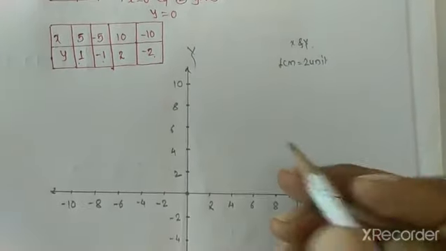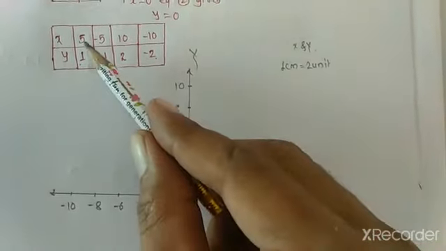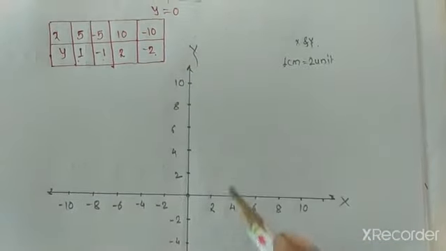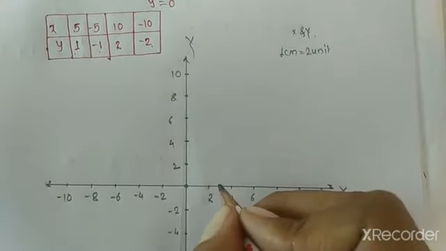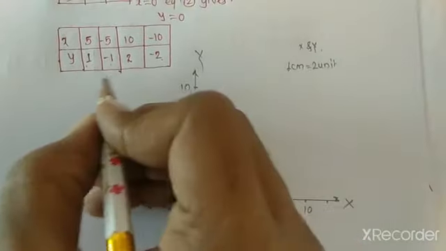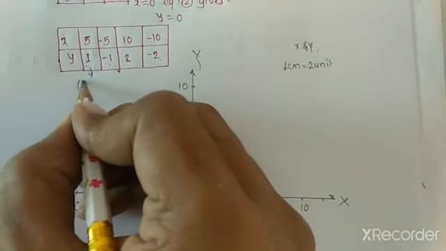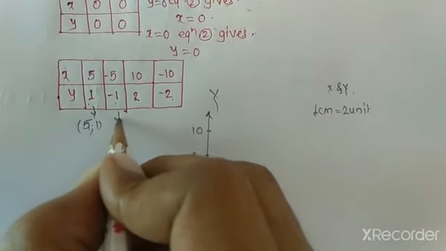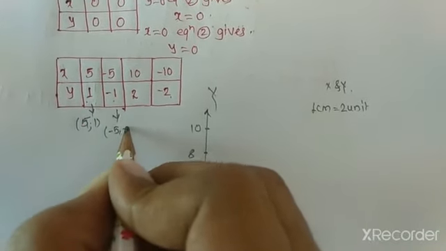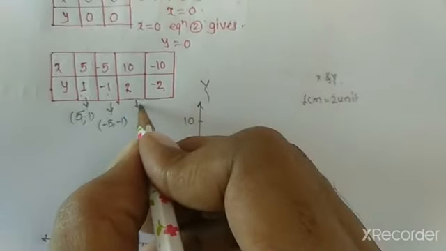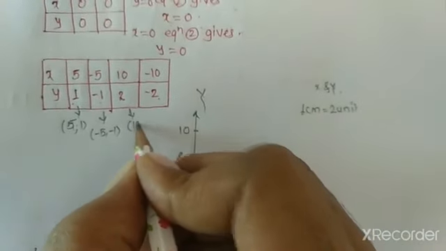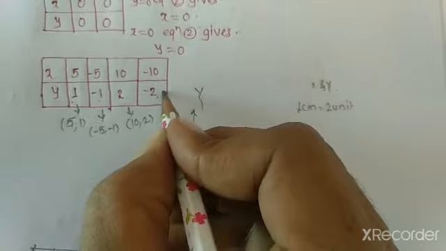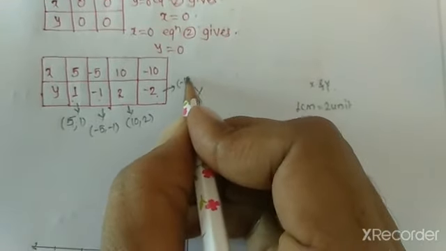Next, for x is equal to 5, y is 1. So we will get the first point 5, 1. For the second it is minus 5, minus 1. For the third it is 10, 2. And for the fourth I will write minus 10, minus 2.